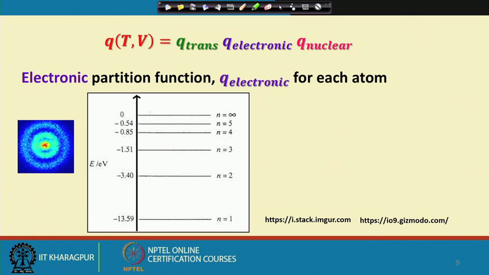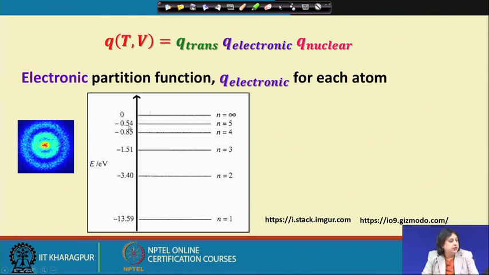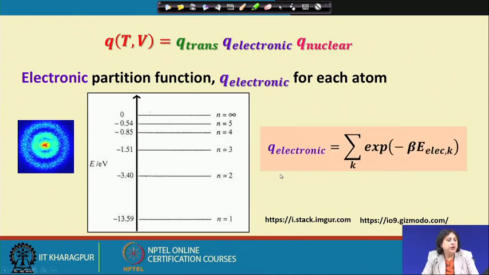Okay. Now, if I think about it from the experiments, this is what we get for the different solutions. As you see, these are the energy levels, or the energy states, that are accessible to the hydrogen atom, and typically the energy scale is about a few units of electron volt. Now, if I want to find the electronic partition function, I must write it like this.